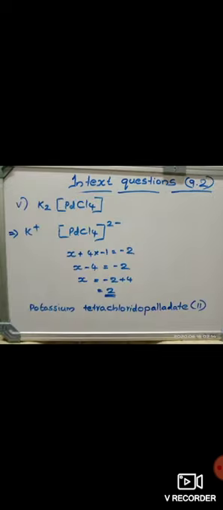Next one, K2[PdCl4]. By splitting, K plus and [PdCl4]2−. The central metal atom is in the +2 oxidation state. So the name is potassium tetrachloridopalladate(II). Palladate(II).